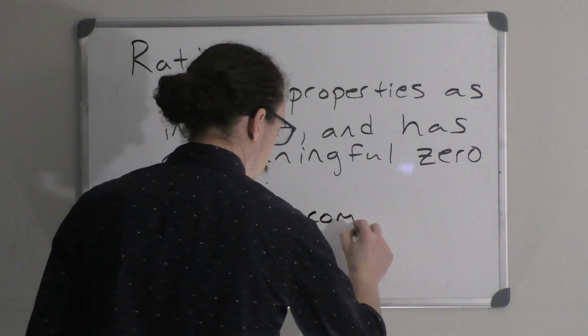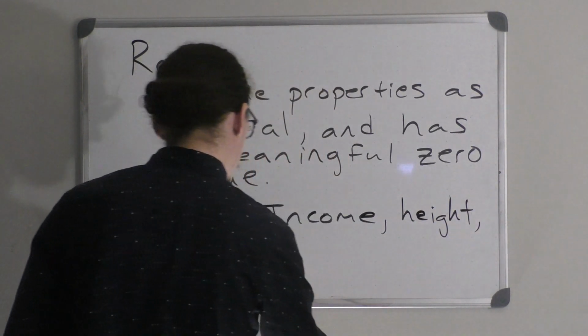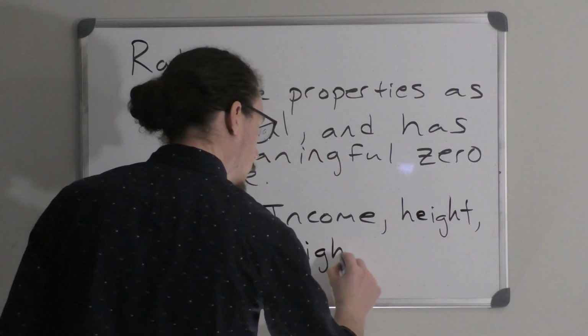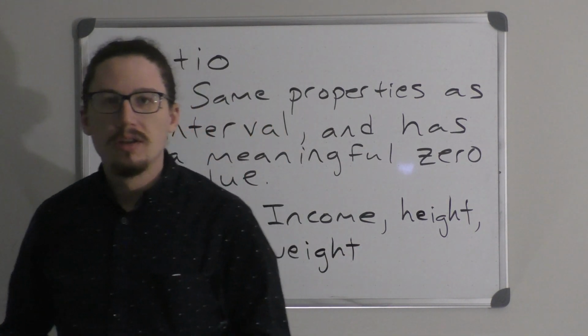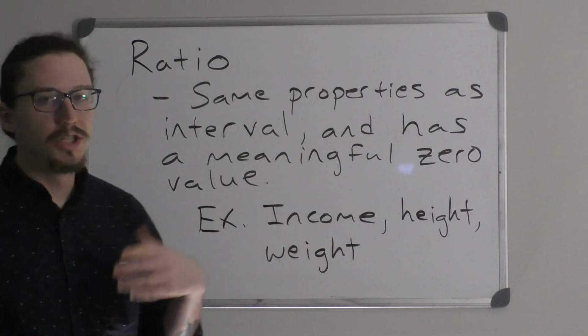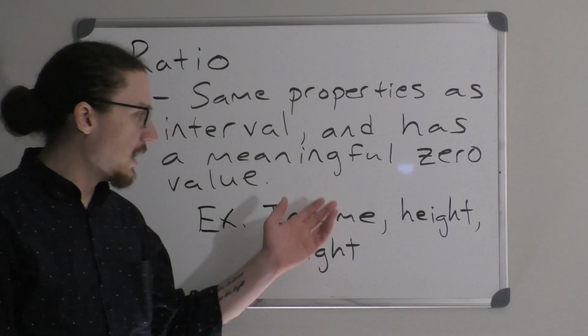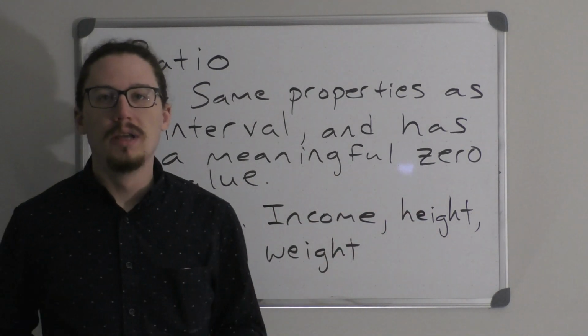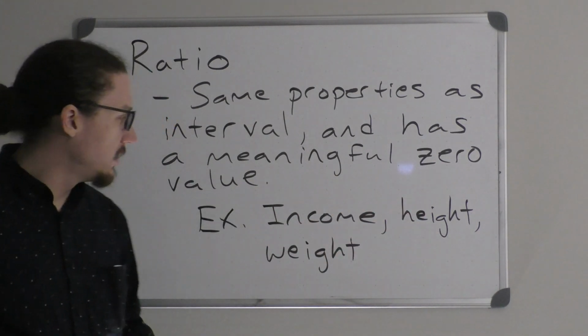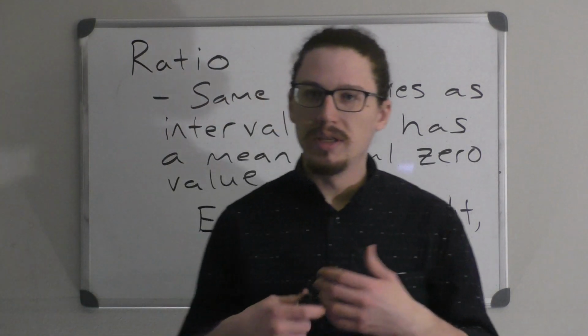So let's look at a couple of examples. Ratio scale data is very common. Here are just a couple of examples. We're not going to get too far into all of them, but income, height, and weight are all examples of ratio scale data.